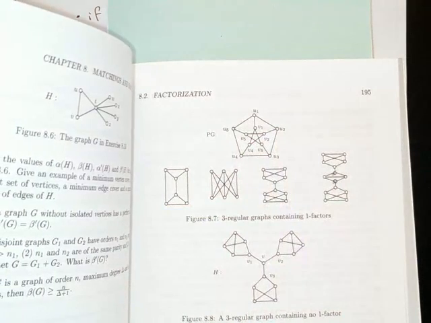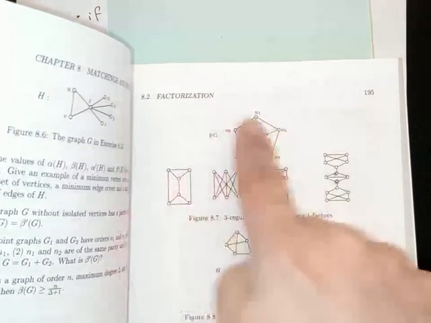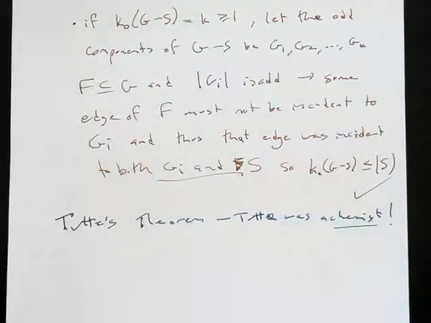Bridges. So being bridgeless is an interesting indicator. And it turns out that there is a connection between being bridgeless and having a one-factor. It was actually Petersen who discovered this, before Tutte, but Tutte's theorem actually makes the proof easier.